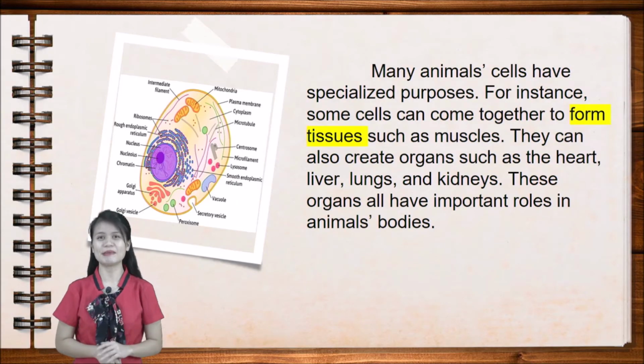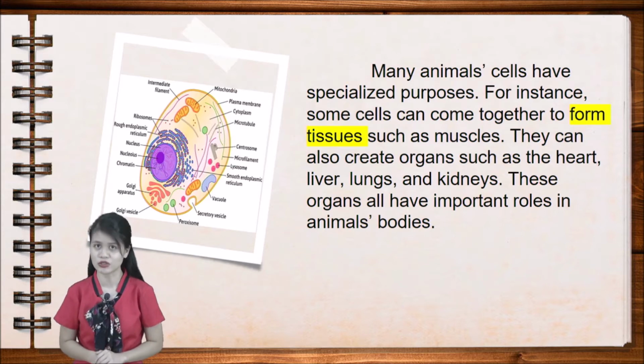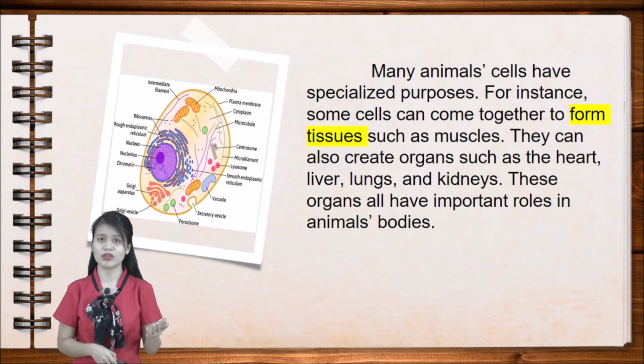Many animal cells have specialized purposes. Well, when we say specialized, it is something special that makes or does something for our cell. For instance, some cells can come together to form tissues such as muscles, okay?